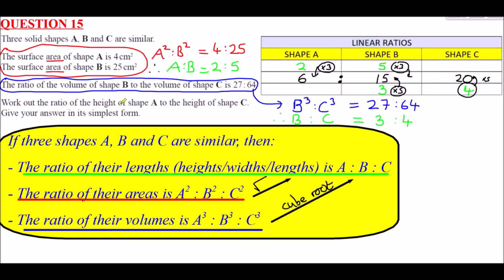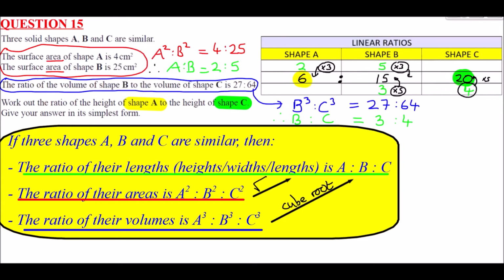So we just want the ratio of heights of shape A to shape C. Because it's all on the same line, 6 to 15 to 20, it doesn't matter that shape A isn't next to shape C. For example, the linear ratio of shape A to shape B is 6 to 15, which is the same as 2 to 5. The linear ratio of shape B to shape C is 15 to 20. Or, from end to end, the linear ratio of shape A to shape C is 6 to 20.